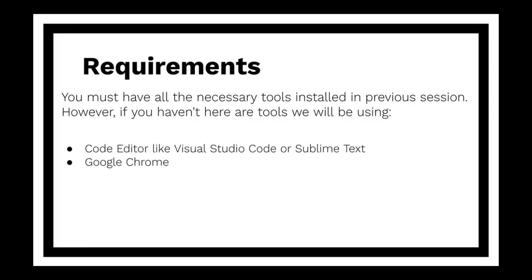So the requirements for this project are you need to have a code editor installed, like Visual Studio Code or Sublime Text, and a web browser installed, ideally Google Chrome. I have all these tools installed, so I will not be installing them again. But if you don't, please go ahead and install them.